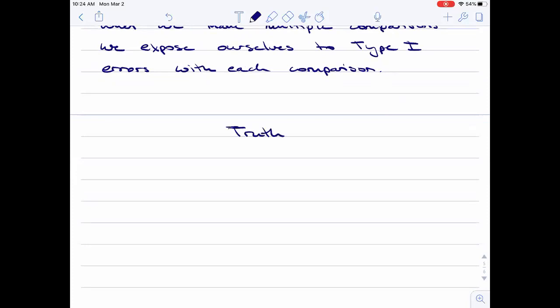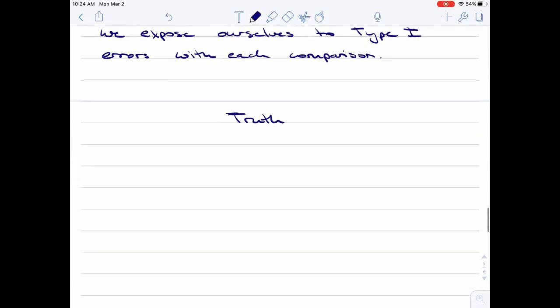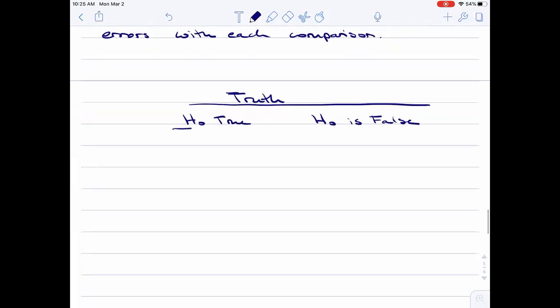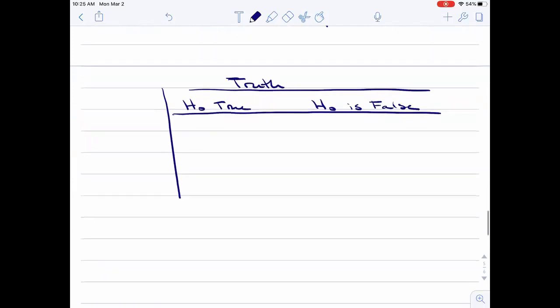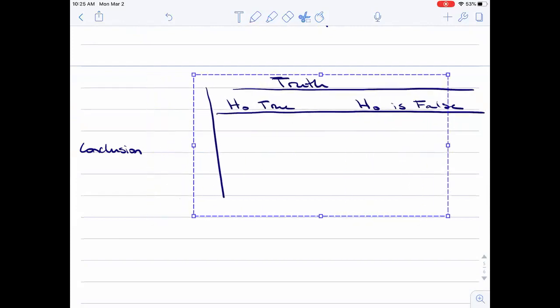How I had to memorize it was just memorizing this table. We've got some truth, where H0 is true or H naught is false, and then on this side I've got my conclusion from my data.